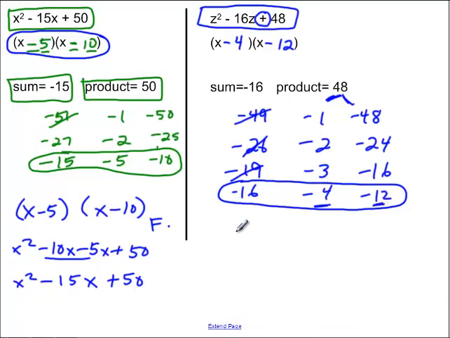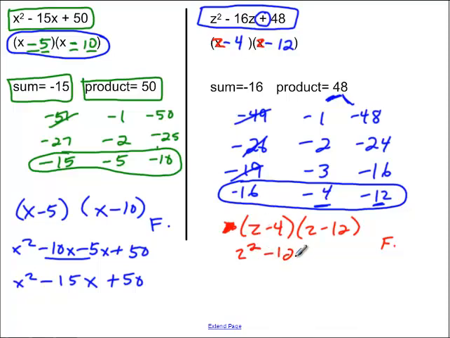And let's double check our work. Sorry, that should be a Z. Let's do it with the Z's. Z minus 4 times Z minus 12. What does that give us? We have to use that dreaded F word. That's the only time you can use the F word in math. First terms, Z squared.